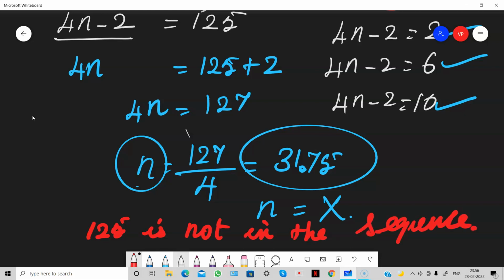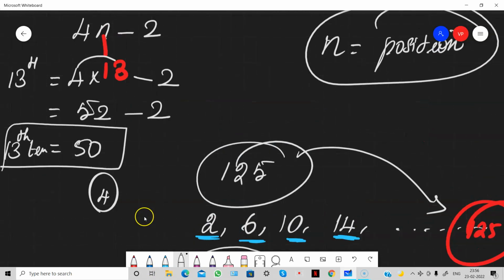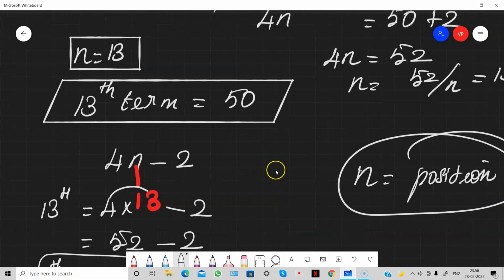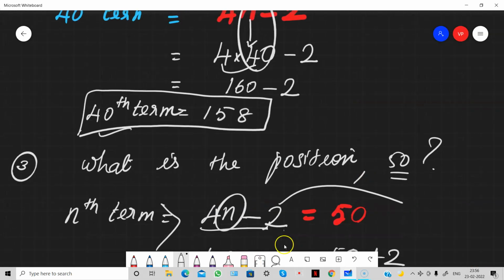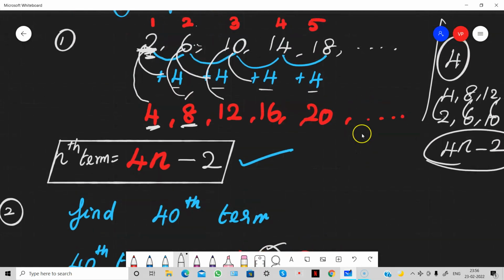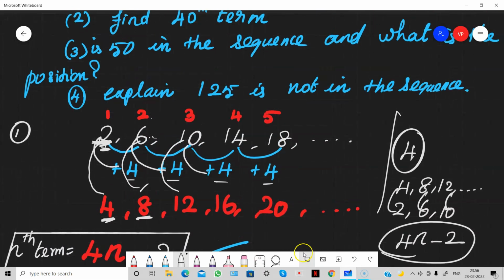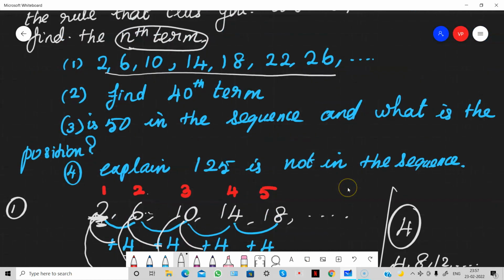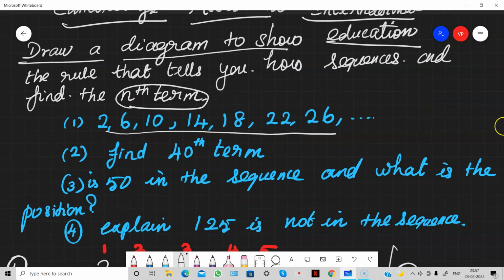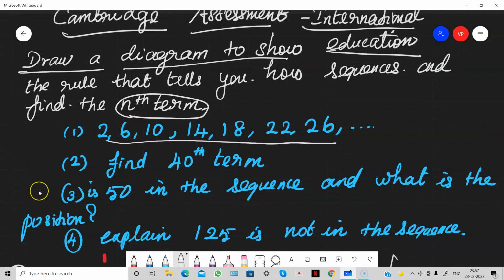Understand every problem, students. This is very important. In this one question, we have done all the types of problems: finding the nth term, the 40th term, given that 50 is in the sequence what is the position of the term, and whether 125 is there or not in the sequence.